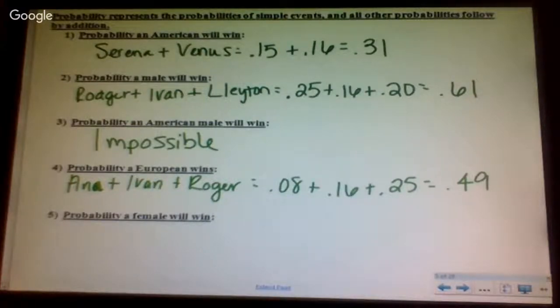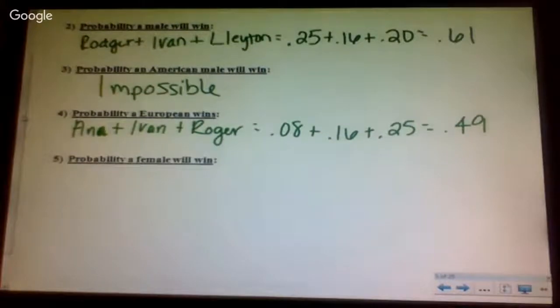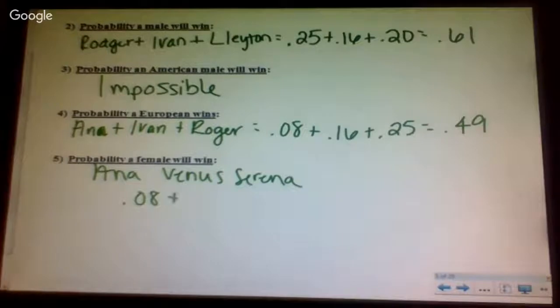And finally, the probability of a female winning. Anna, Venus, and Serena. So that's 0.08 plus Venus, 0.16, and Serena was 0.15.